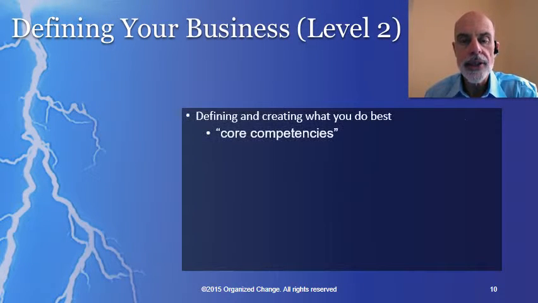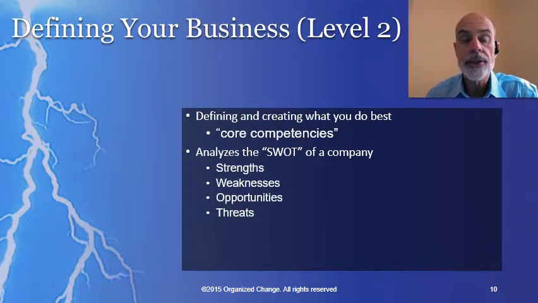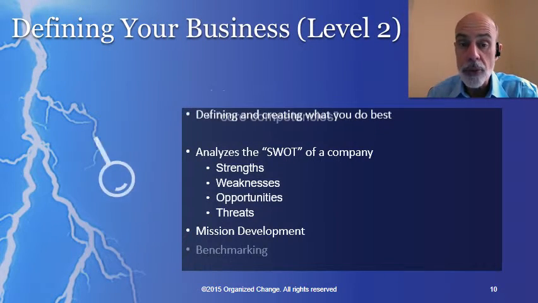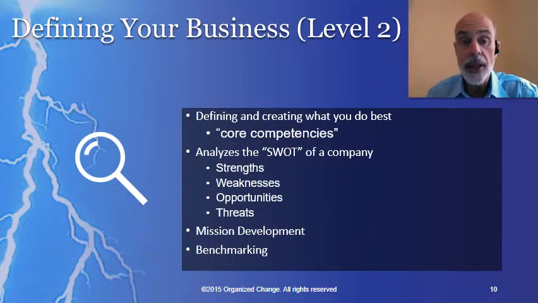Level 2 techniques, on the other hand, involve defining your business. It usually involves defining and creating your core competencies, analyzing the SWOT of your company, that is the strengths, weaknesses, opportunities, and threats, as well as the development of your mission. Please also realize that depending upon what particular scenario plays out, what your core competencies are and will be, and what they also need to be, may change significantly.